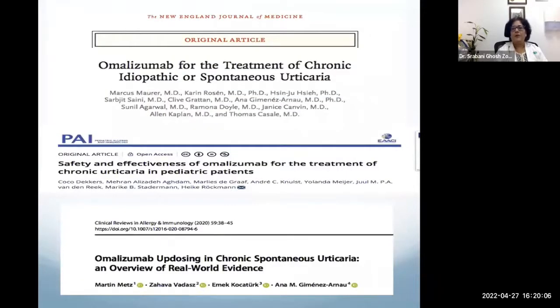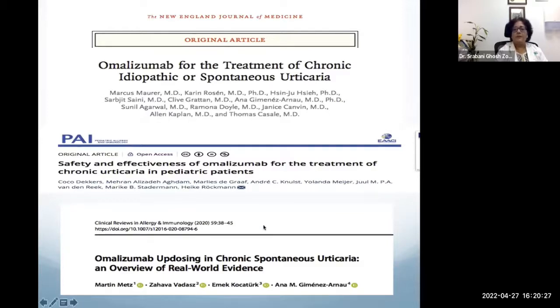Omalizumab for treatment of chronic idiopathic or spontaneous urticaria has been shown to be very effective. There are quite a few studies. The safety and effectiveness of omalizumab in the pediatric population has also been established, and I'm sure all of you have more experience of using omalizumab in asthma than us.